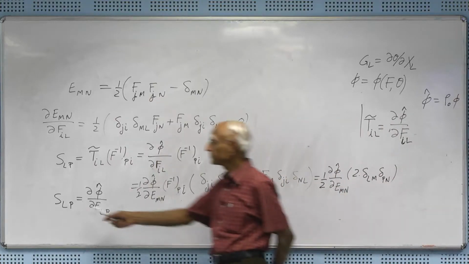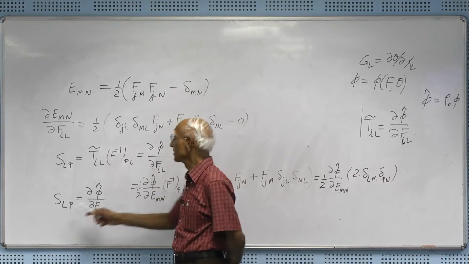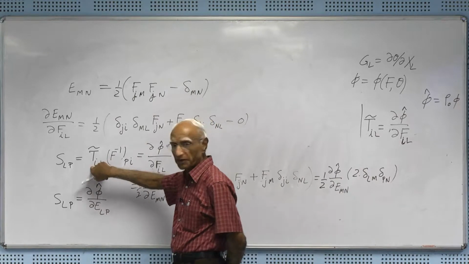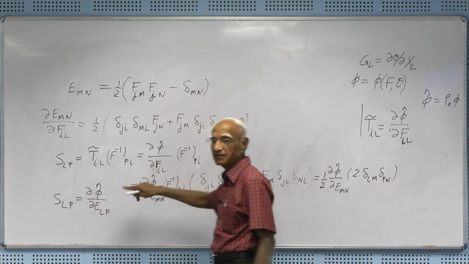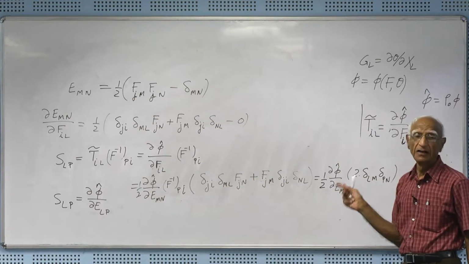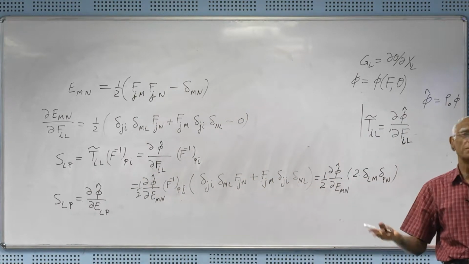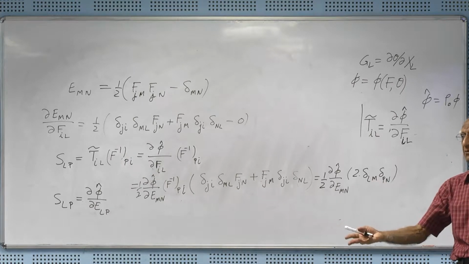S is symmetric. However, as I said yesterday 3-4 times, after you are done, you must find Cauchy stresses. So after you are done, you find S. From S, you find the first Piola-Kirchhoff stress tensor. From the first Piola-Kirchhoff stress tensor, you find the Cauchy stress tensor. But since the deformation gradient is known, you have solved the problem.